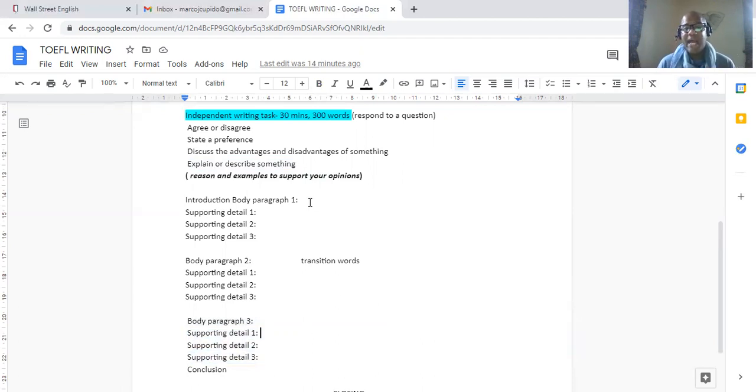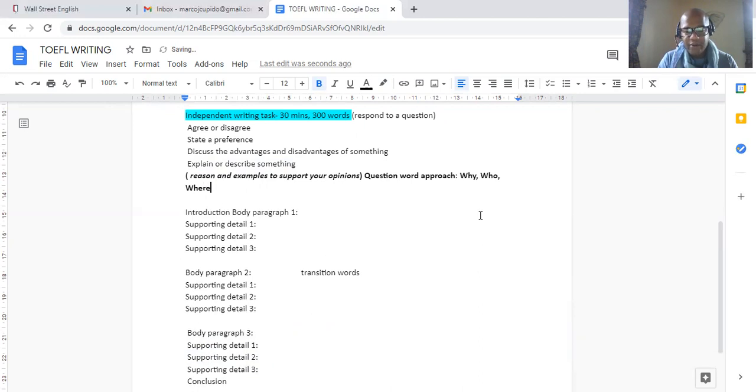A method that I can maybe suggest to you guys, in this sense, for me, I call it the question word approach. The question word approach. What is that? Guys, it is as simple as your why, who, where, what, and when.